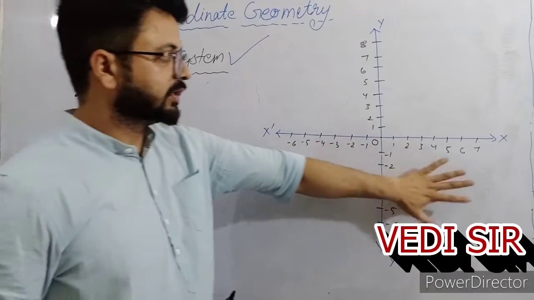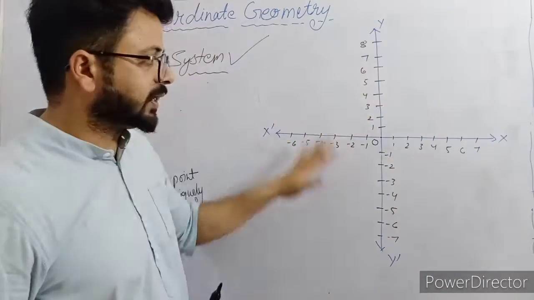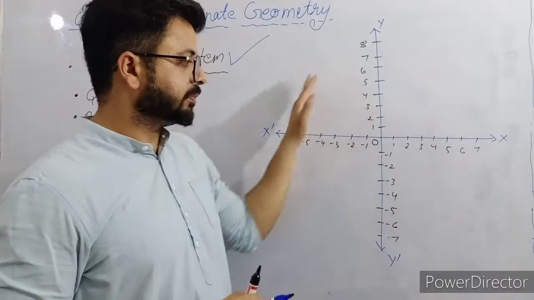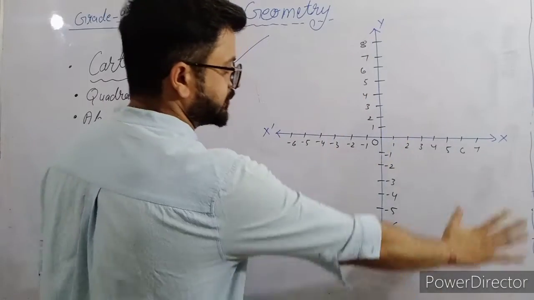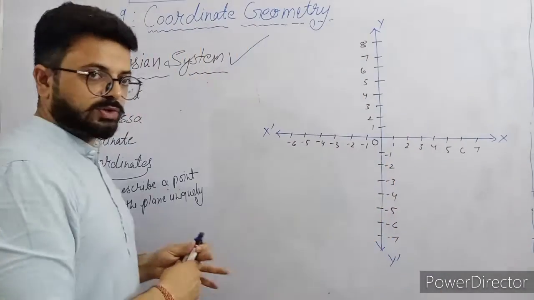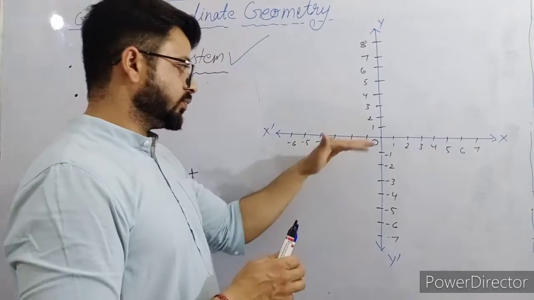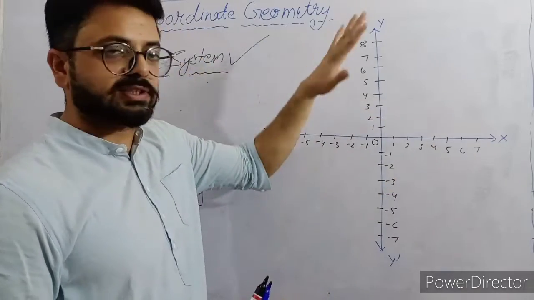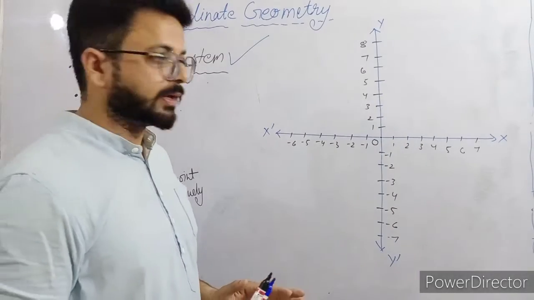This plane is divided into 4 parts, and I will give the names of these parts later. A system with 2 axes, positive and negative x-axis and positive and negative y-axis, this complete system we call the Cartesian plane.